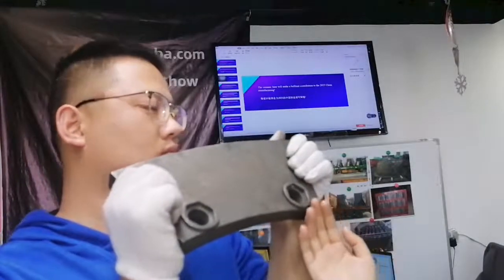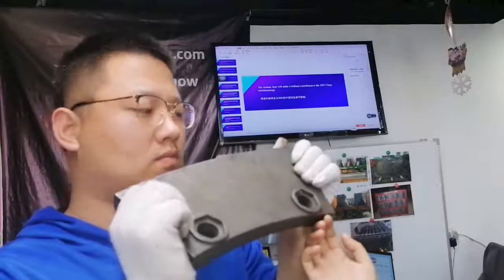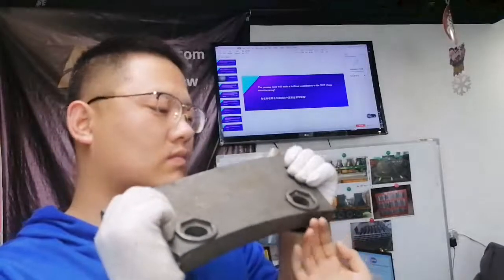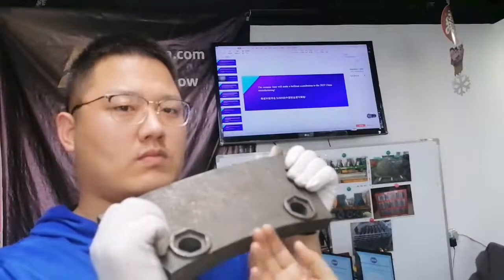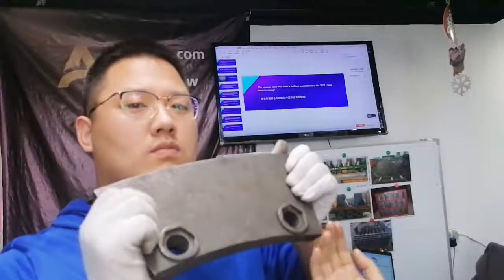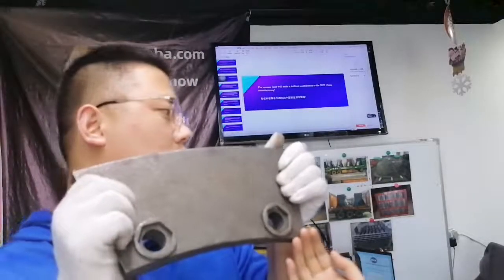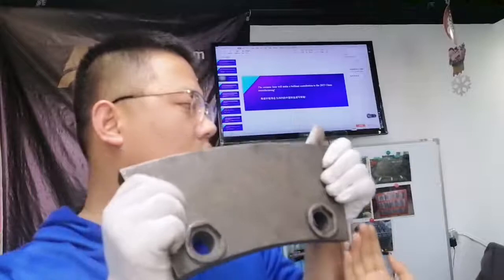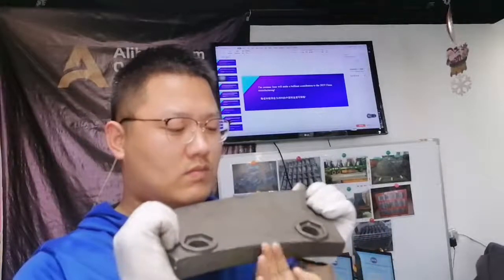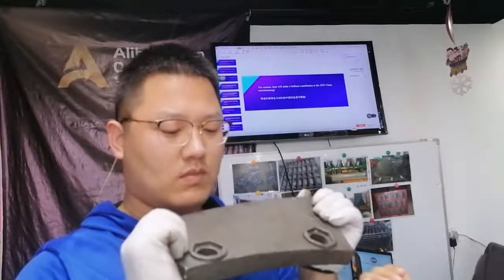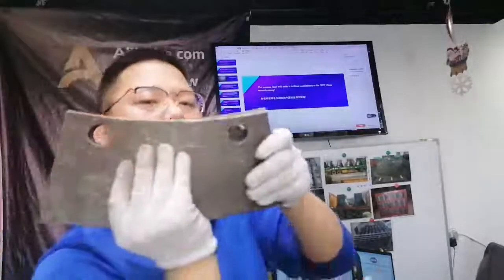So we considered ceramics. Next month we will try the ceramic wear blades in such kind of high temperature, high abrasion working condition. If we are successful in such kind of application, we can help the steel mills to solve the headache.